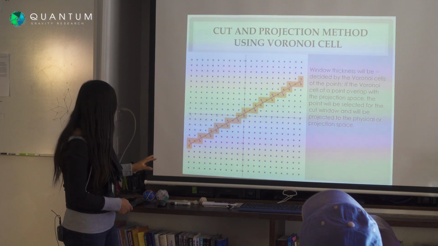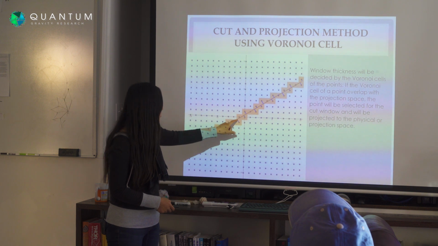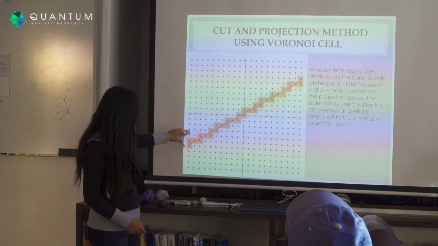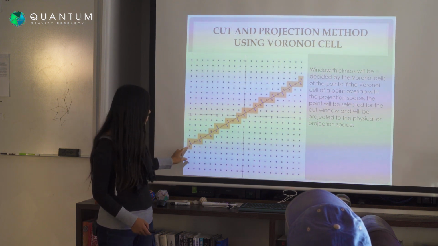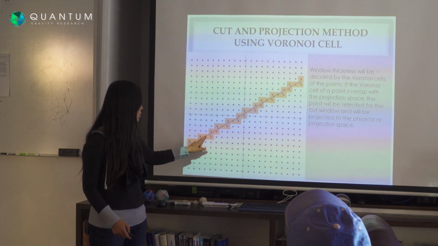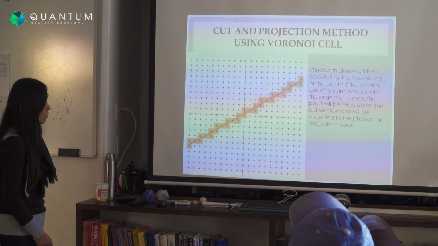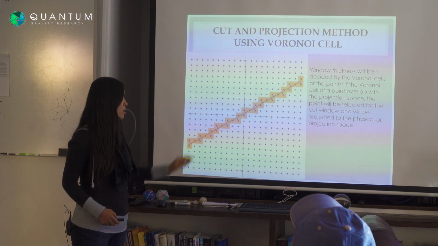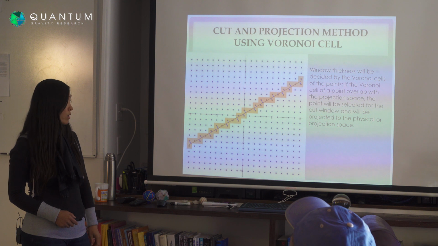You can see all these points will be selected because their Voronoi cells intersect with this line. After that, we select the points and project them to this projection space. So you get these points here, which form this Fibonacci chain in this case, right? Because the angle he selected is arctangent 1/5.